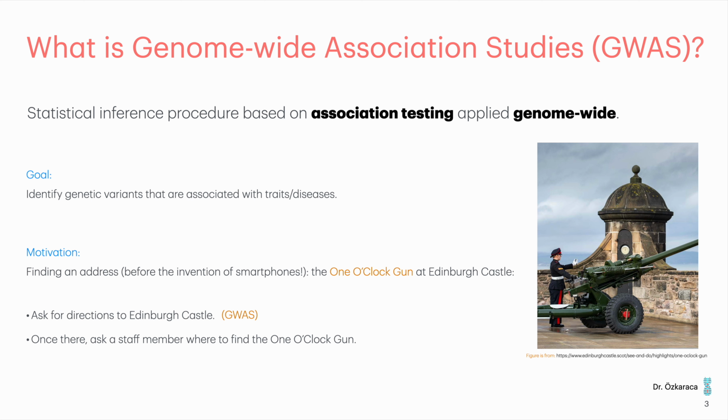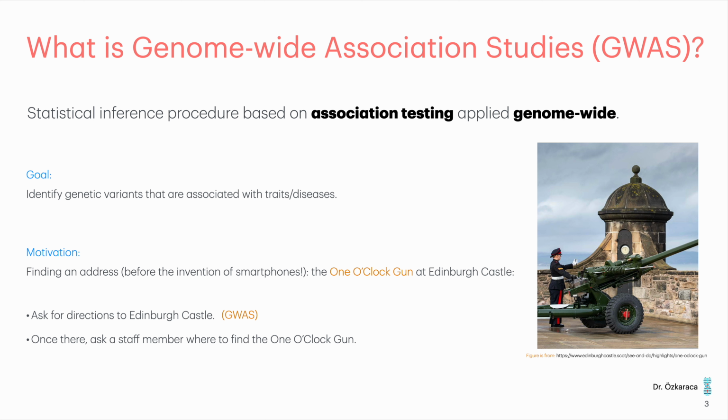GWAS is a method used to investigate genomic variants across the genome to determine their associations with particular traits or diseases. Think of GWAS as a GPS for locating addresses. Imagine you are in a city without maps or GPS, and in order to find a landmark such as the 1 o'clock gun at Edinburgh Castle, you might first ask a local where the Edinburgh Castle is. And only when you arrive there, you might ask a staff member or somebody else where the 1 o'clock gun is.